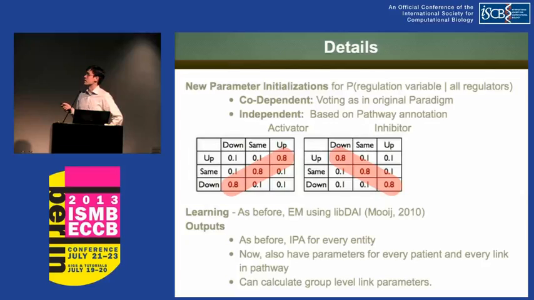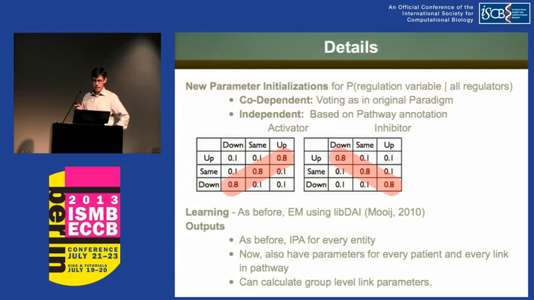Here would be an example of an activator. So when the regulator is down, the regulated variable is down, and so on. And I'll show a lot of these 3x3 tables, so just remember that this positive slope means it's an activator, and this negative slope means it's an inhibitor.